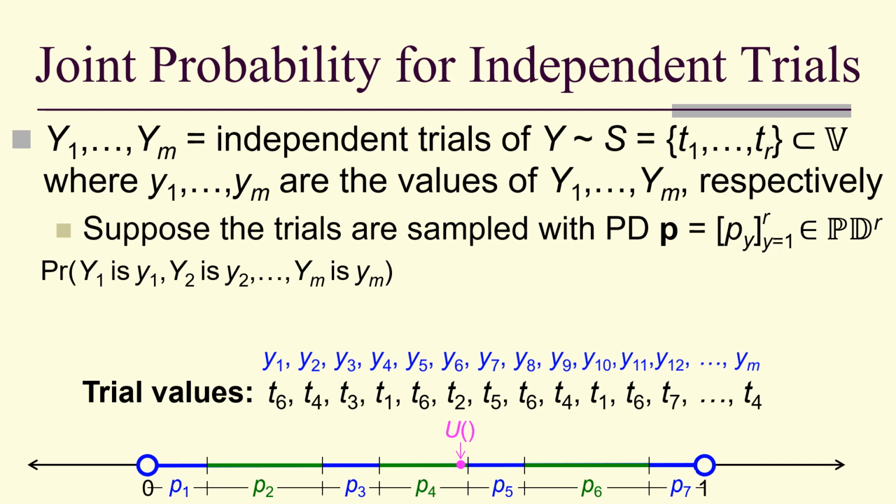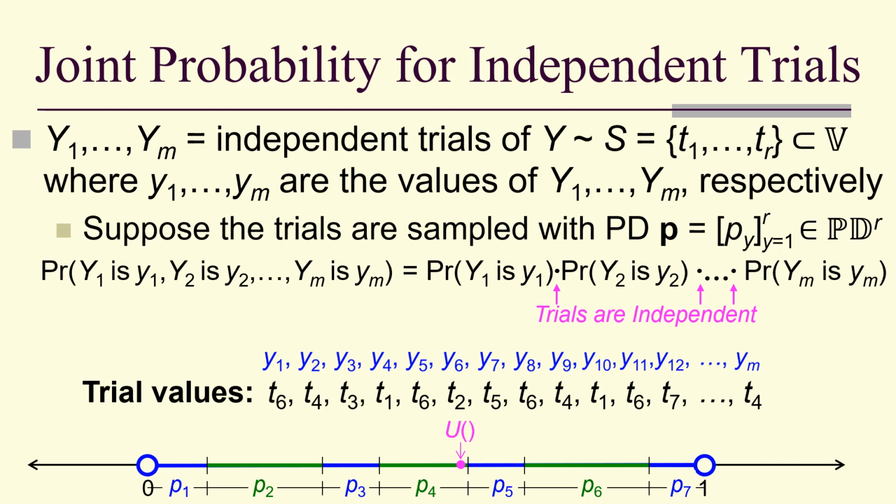But if they came from inverse transform sampling, then the joint probability distribution, given that these trials are independent, is just the product of the individual probabilities. In other words, we just have these probabilities.